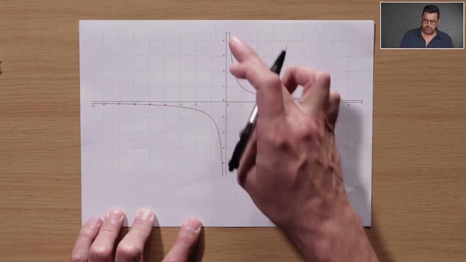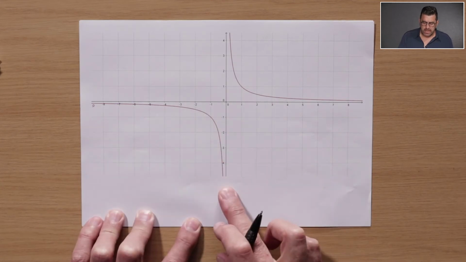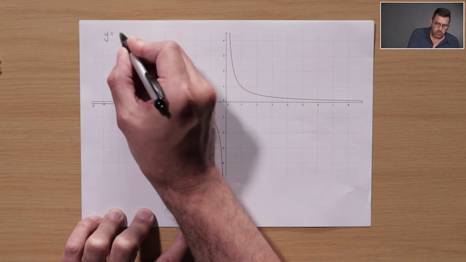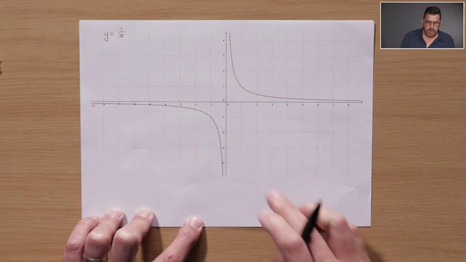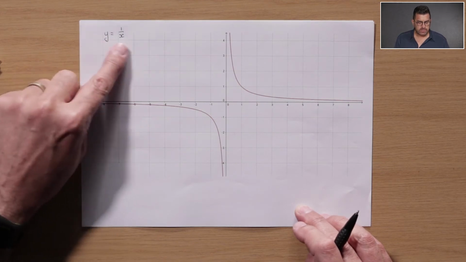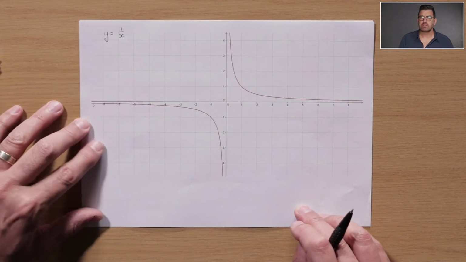Let's go back to something that you're quite used to from school, and that is the idea of the hyperbola that you worked with at school level. What I've got sketched for us on this diagram is the graph of y is equal to 1 over x. But I don't want us to think about it as that. I want us to think about it as something different.